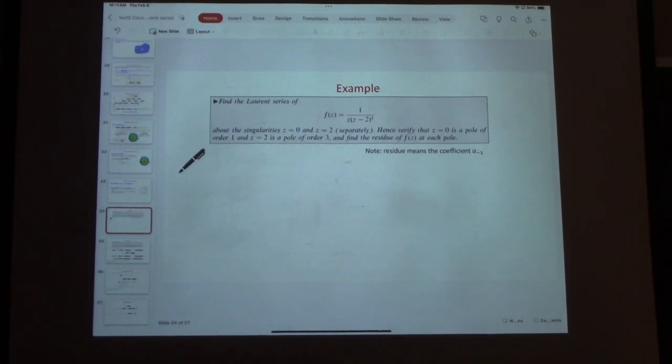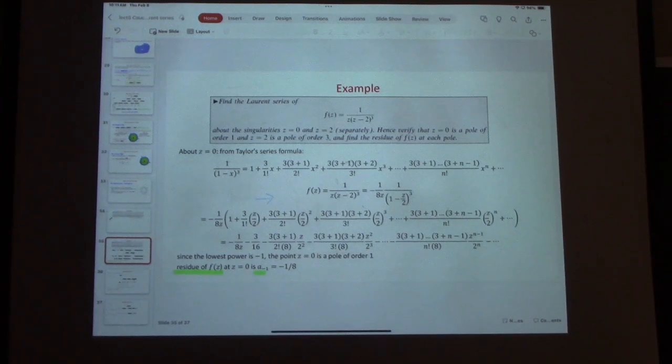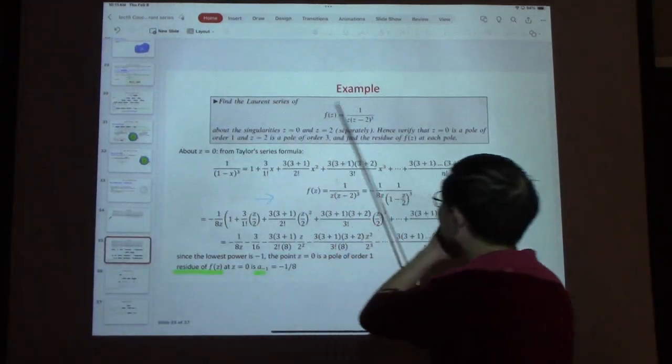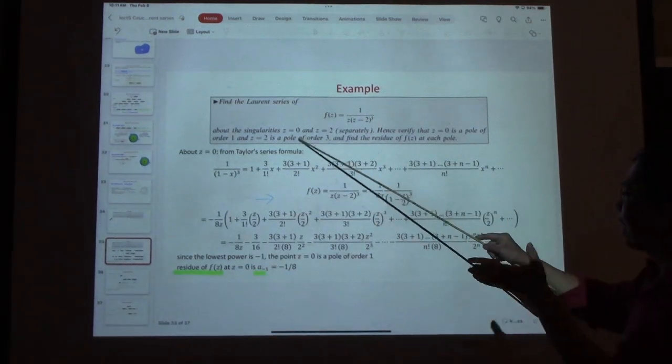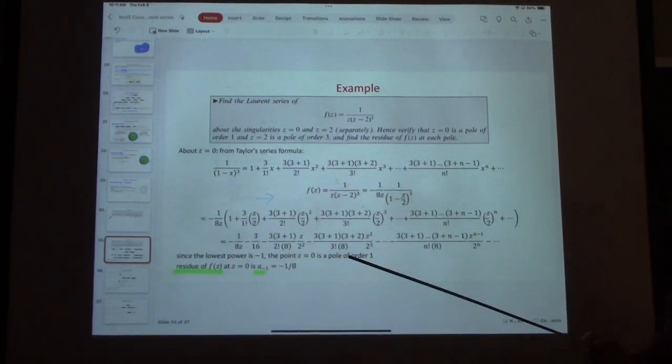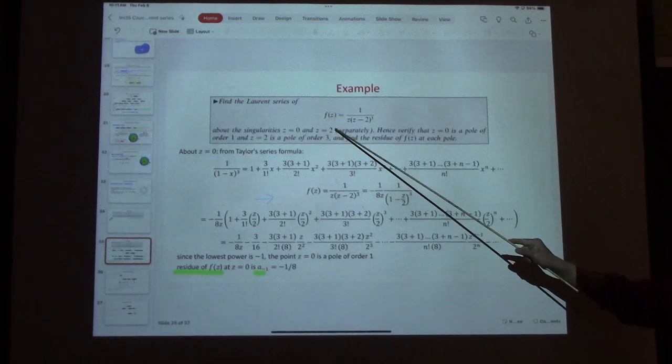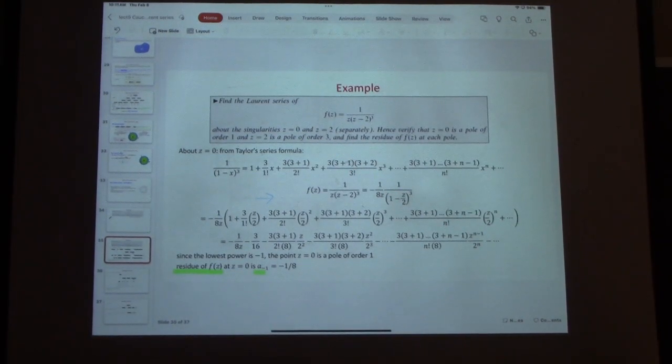Okay, about the singularities, I don't want to do it by hand because it takes too much time here. Let me just use this, okay? Alright, so we want to find the Lorentz series of this function about singularities at two locations. One is 0, the other is 2. We have to do this separately, okay?